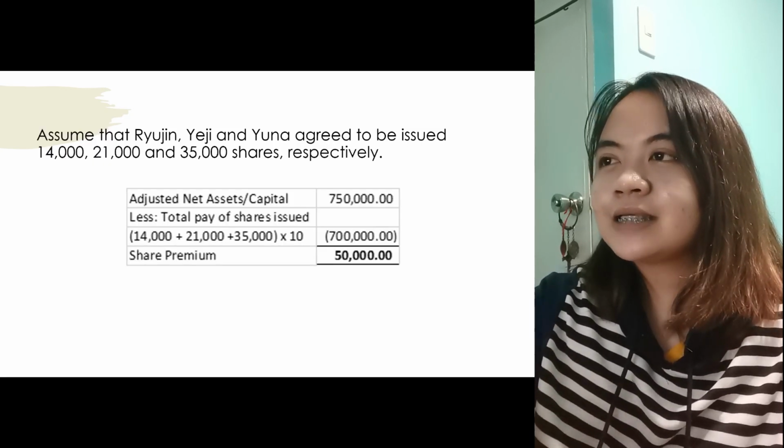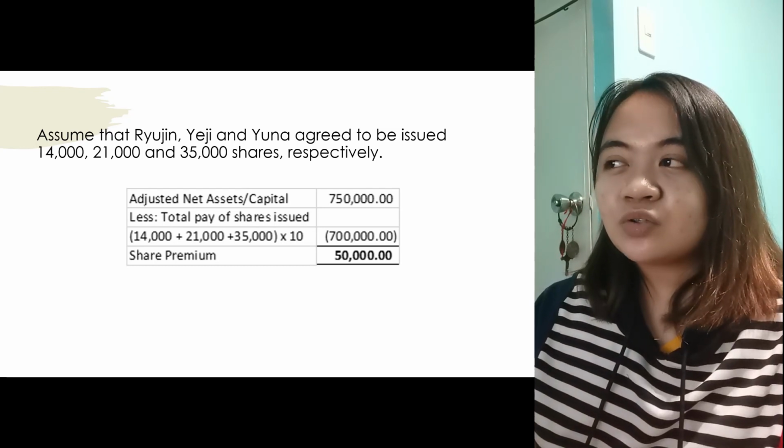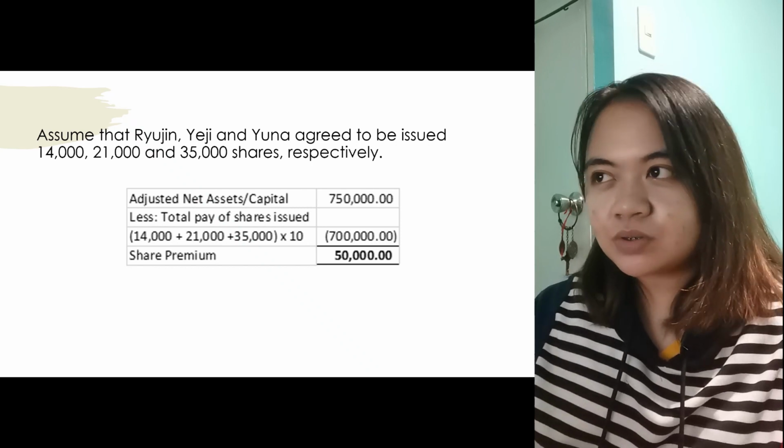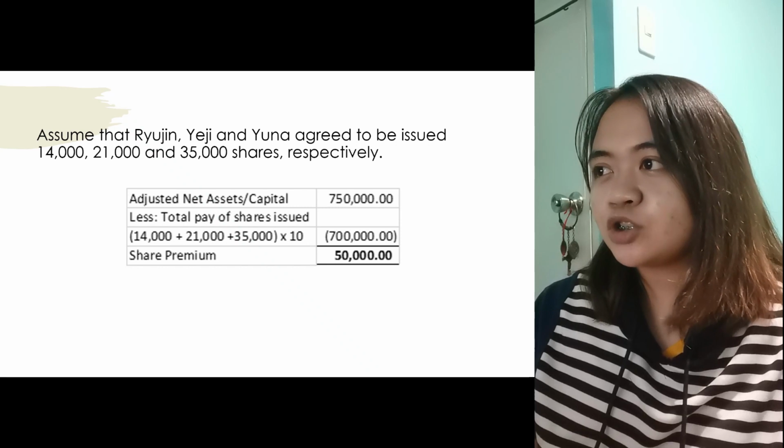Okay, so let's assume that Ryujin, Yeji, and Yuna agreed to be issued 14,000, 21,000, and 35,000 shares respectively. So, there is now a stated issuance of shares.